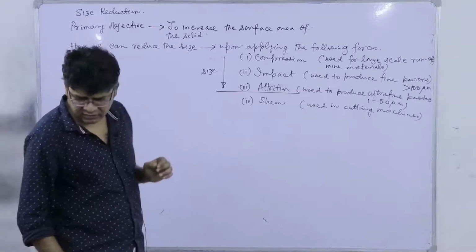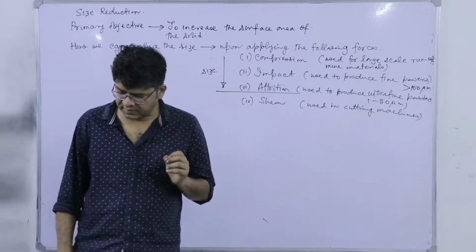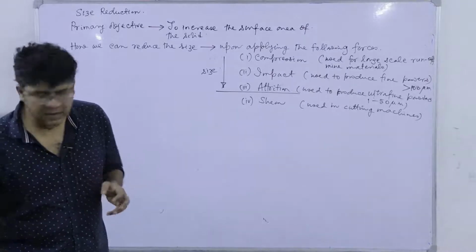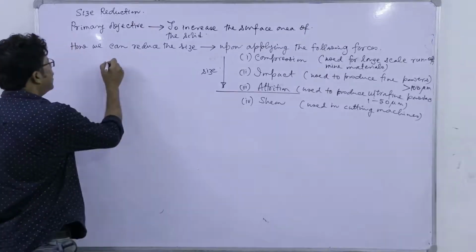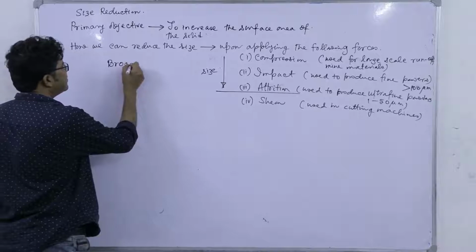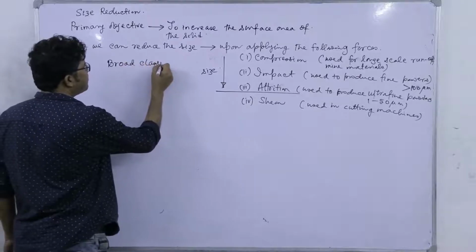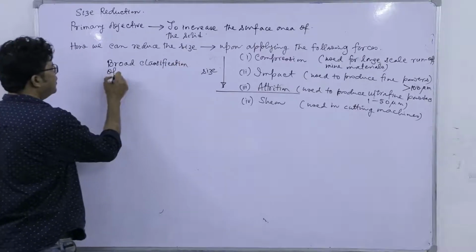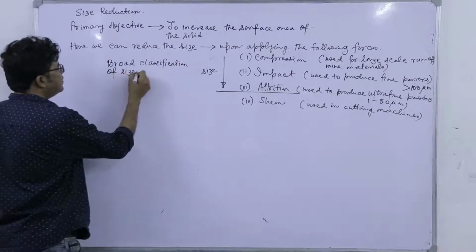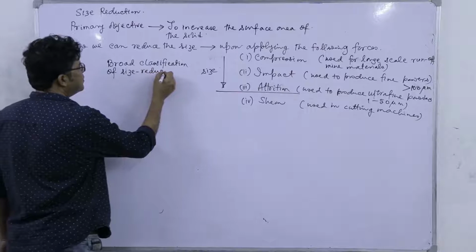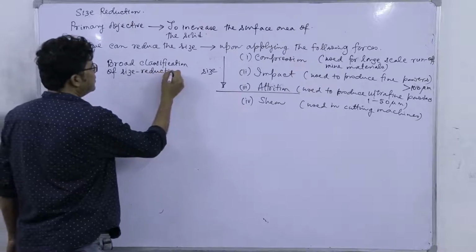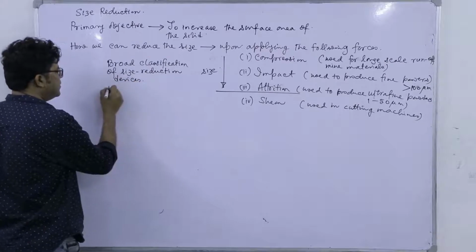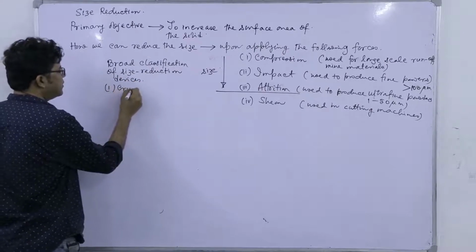Now, size reduction devices. Comminution is a generic term for size reduction, and here is a broad classification of size reduction devices. Number 1, crusher, where we use compression; grinder, where we use impact; ultra fine grinders, where we use attrition; and finally the cutting machines, where, as I mentioned, we use shear.